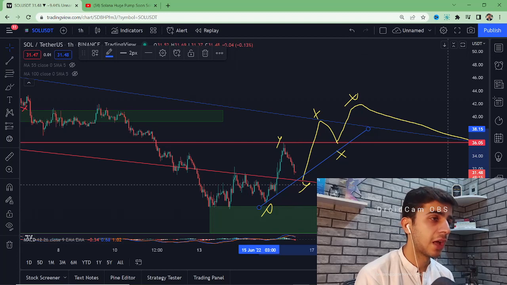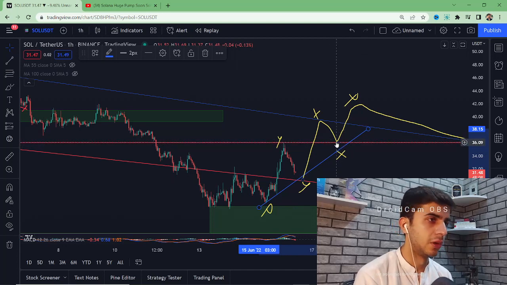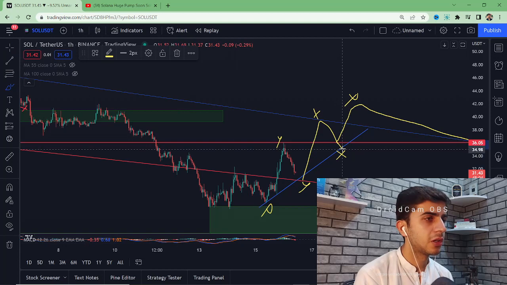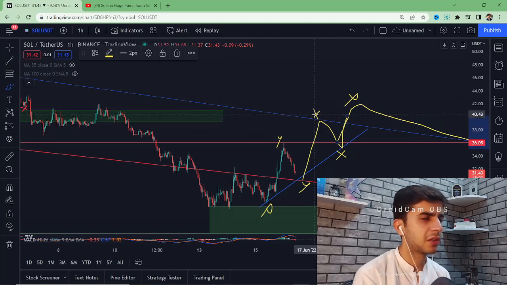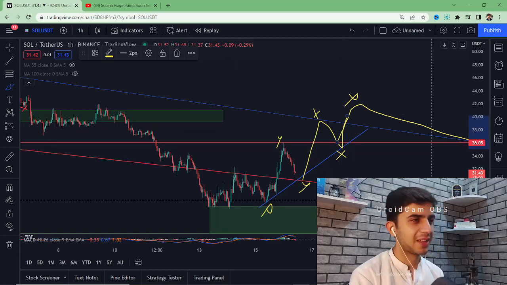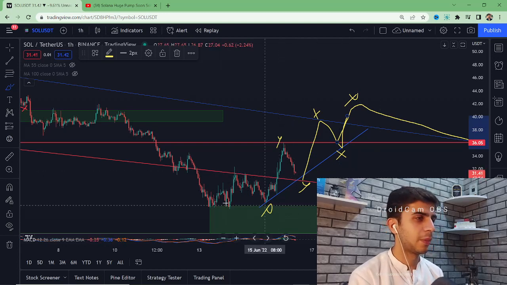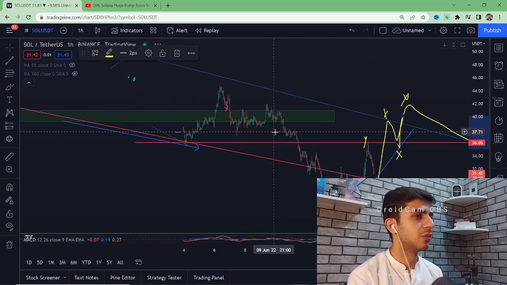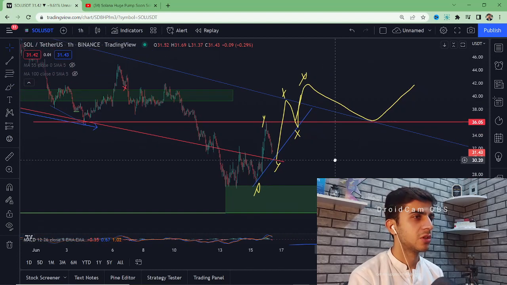Okay, this can happen as well. Let's hypothetically say we get a test on this one. These are all hypothetical suppositions, but a lot of the time it happens that I am supposing something and it happens. So, let's hope it happens this time as well. But these are the possibilities of the moves that can happen for Solana.